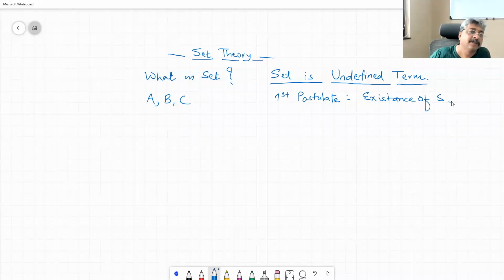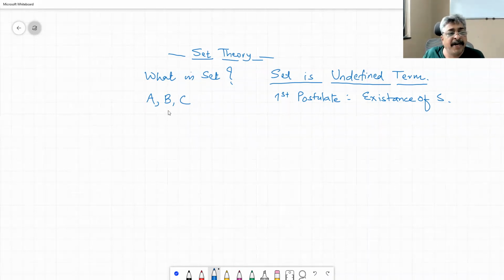There exist sets. This is the first axiom of set theory. So we assume that we understand what we mean by set, we don't want to get into defining it, and we understand that sets exist, and therefore we would like to use them without really proving the existence of sets.